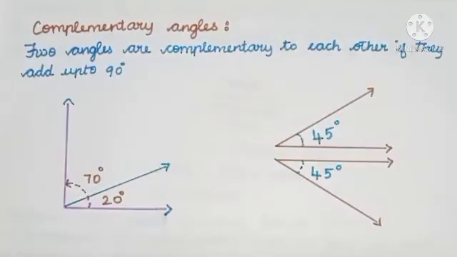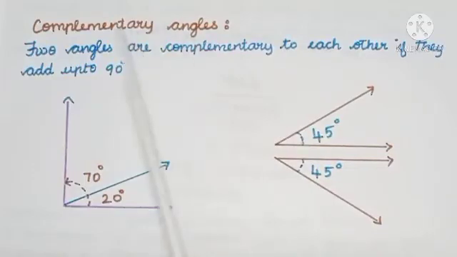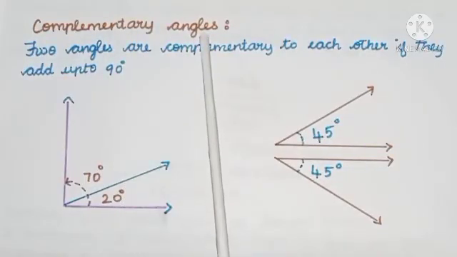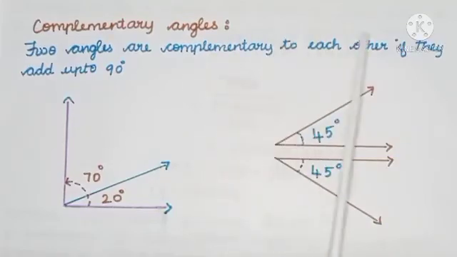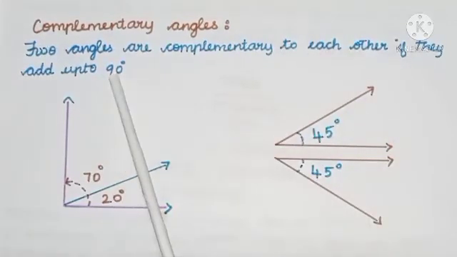Now let us see what is meant by complementary angles and what is meant by supplementary angles. See here, two angles are complementary to each other if they add up to 90 degree. If they add up to 90 degree, then they are called complementary angles.